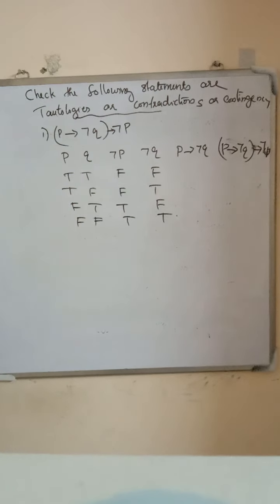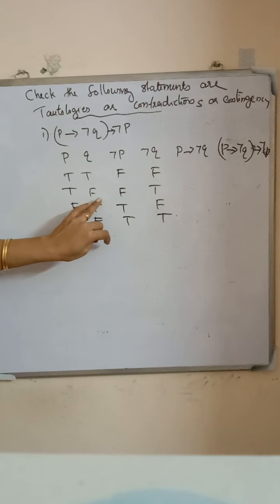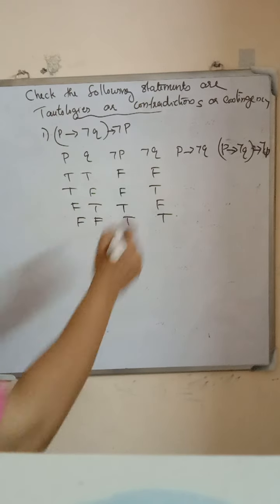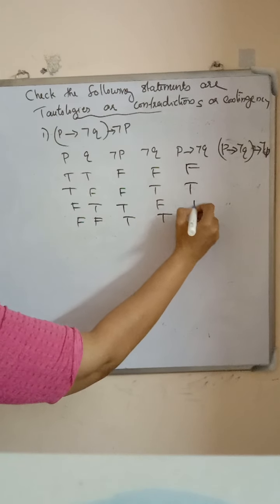P conditional negation Q. We know by the property of conditional, if the first one is true and the second one is false, then it is false. In all other cases, it is true.